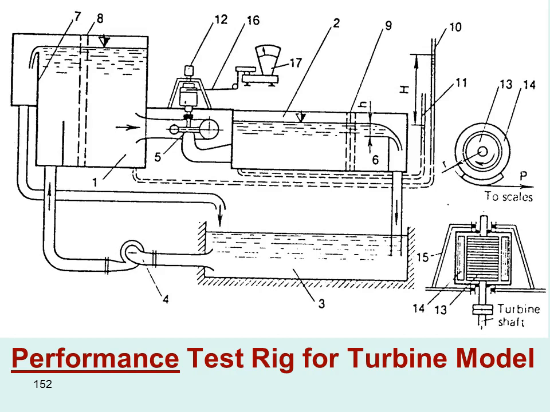And also from the speedometer and the torque, you can obtain the power output of that model at different H. H here is the difference between the head level in tank 8 and tank 6. This is the head H. Also, we can change this head and this discharge, and we can obtain the effect of H and Q on the performance of that model.